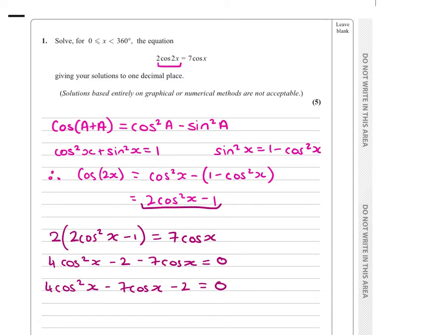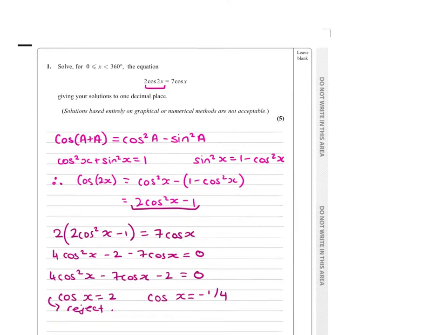So I can use my calculator to solve this, and when I solve this equal to 0, I'm going to get cos of x equals 2, and cos of x equals negative a quarter. We know straight away that we're going to reject cos of x equals 2 because that's impossible. I always like to write reject. So we have cos of x equals negative a quarter.